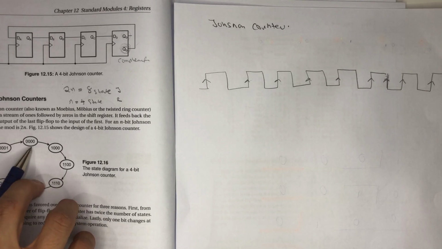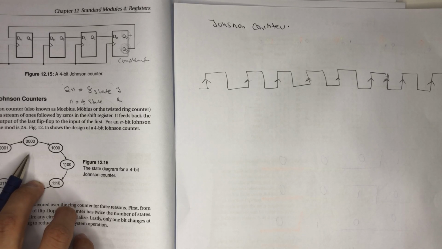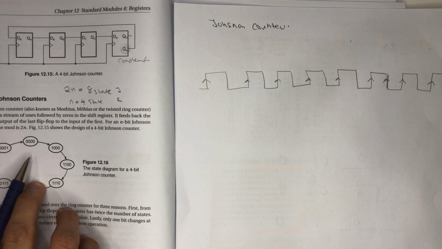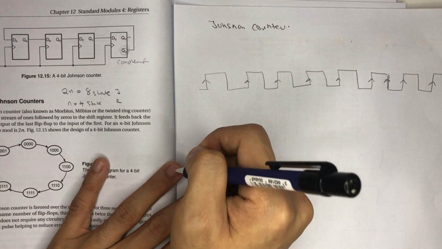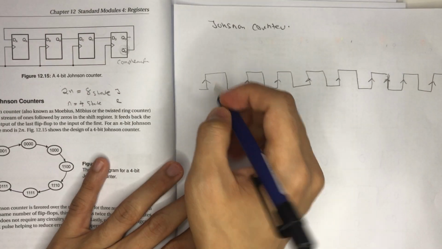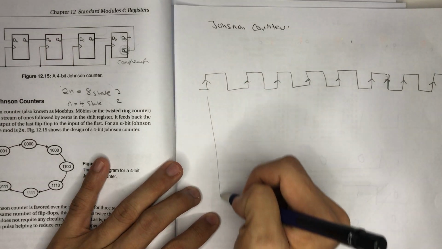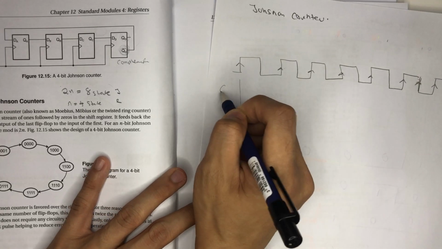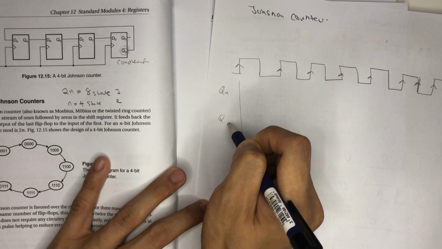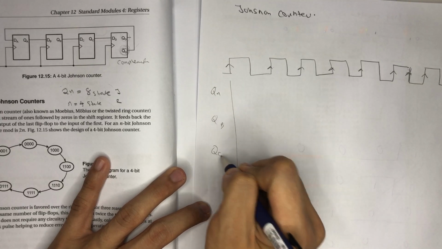The first input is 0 0 0 0, so the initialization is 0, everyone is having 0 before it started. Then at the next rising edge it will be different. You have 8 possible states: QA, QB, QC, QD.